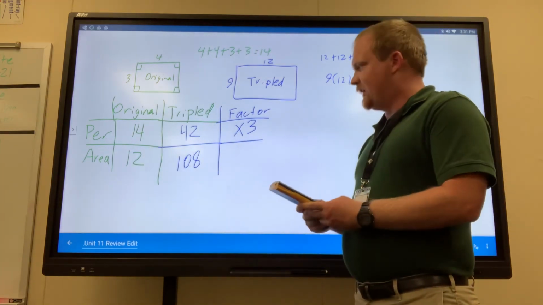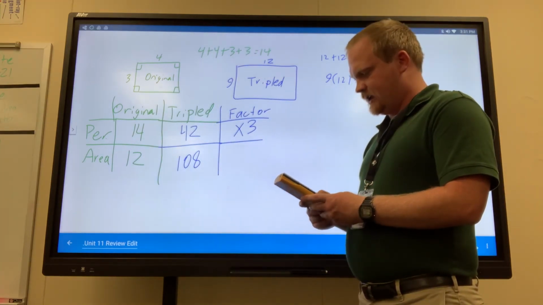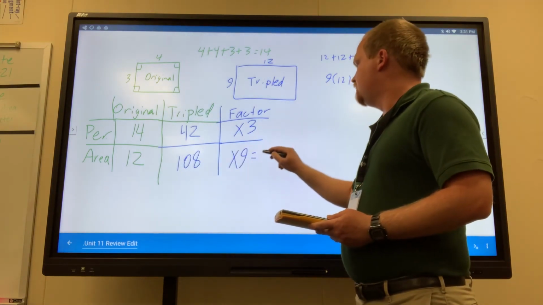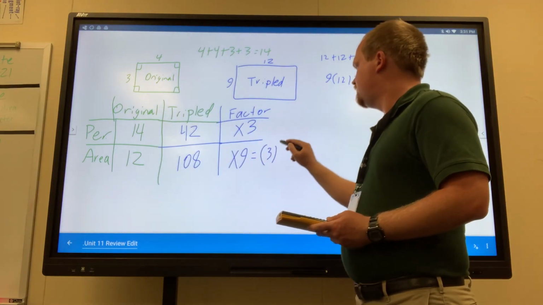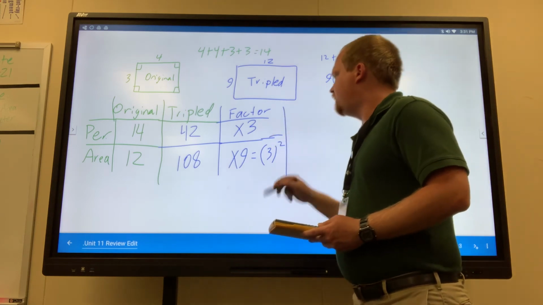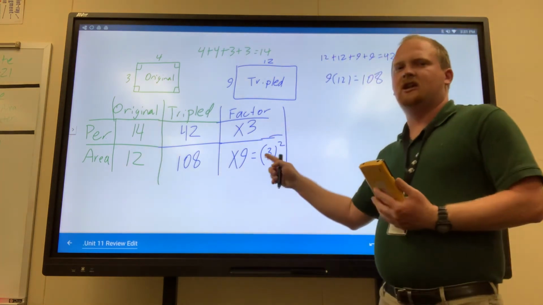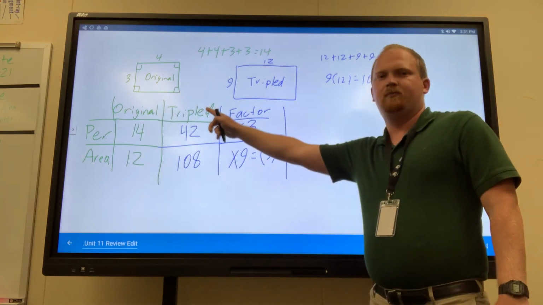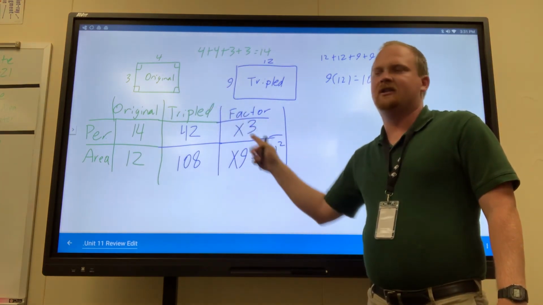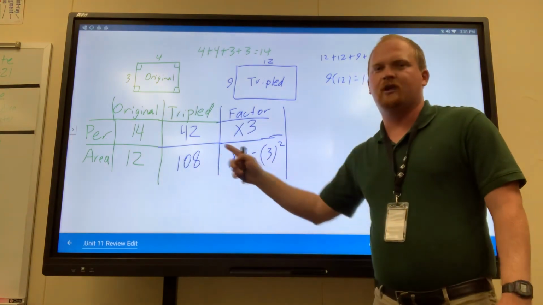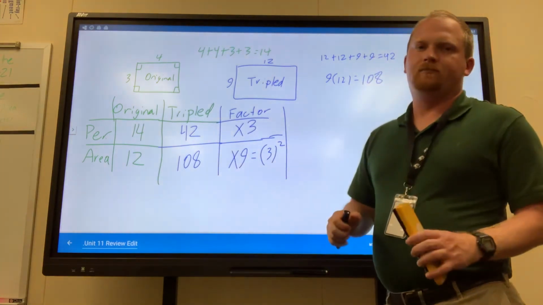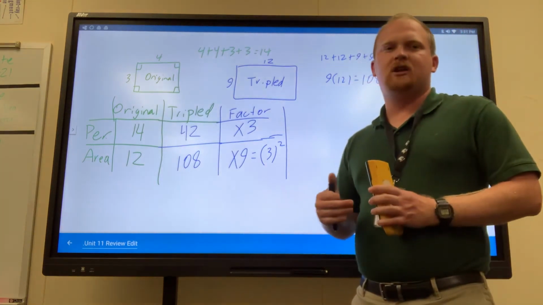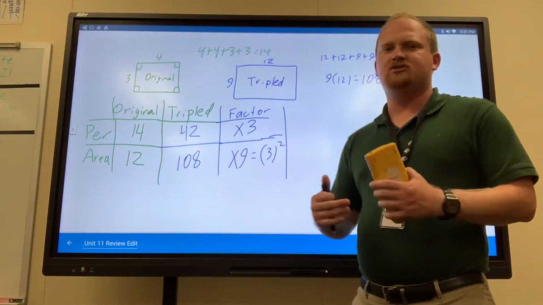But if I do 108 divided by 12, that'll give me 9, which, remember, the change in area is going to be the factor squared. In this case, since it's triple, I'm just going to square the 3, and that will give me my factor for the area. So, make sure that you watch these videos if you need to get a good understanding of this.